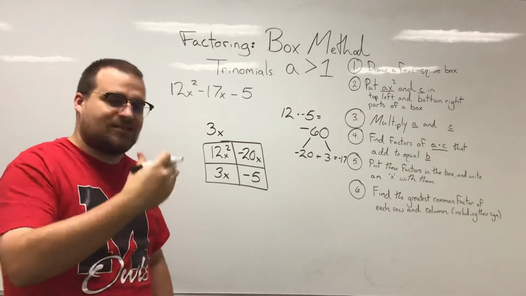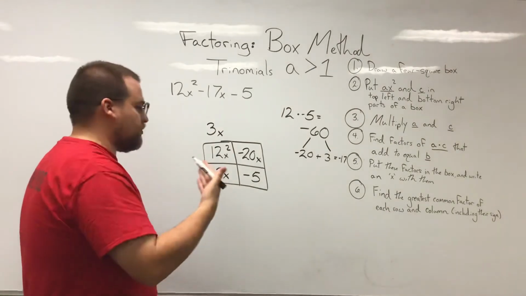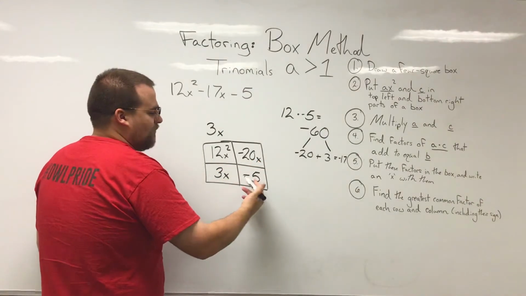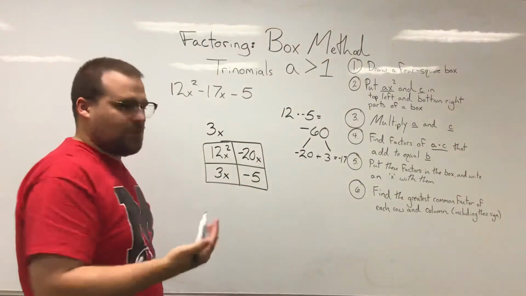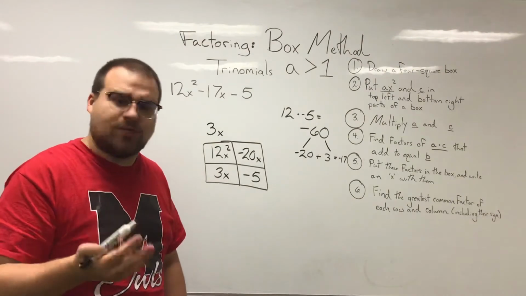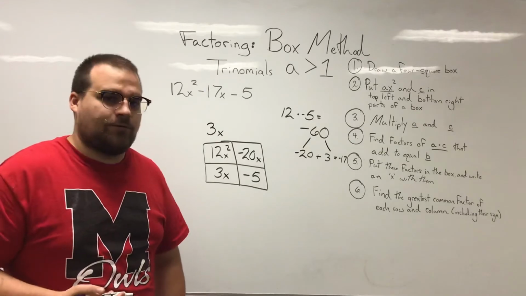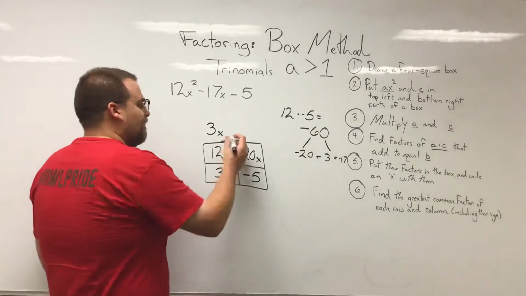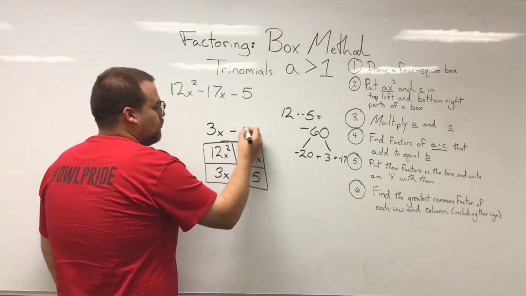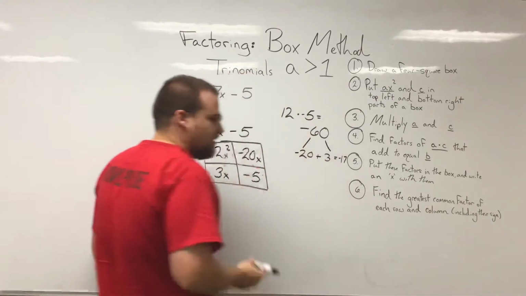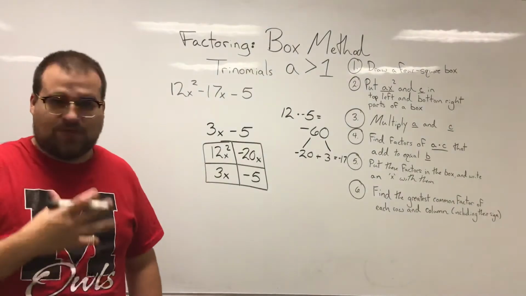When we take a look at that second column, we want to do this again. Negative 20x and negative 5. Well, in this case, they don't both share a variable, so there's going to be no variable common factor, but there may be a whole number common factor. Negative 5. We want to be sure, as it mentions here in step 6, you include the sign that you're able to factor out.